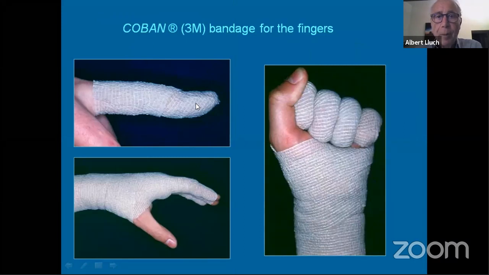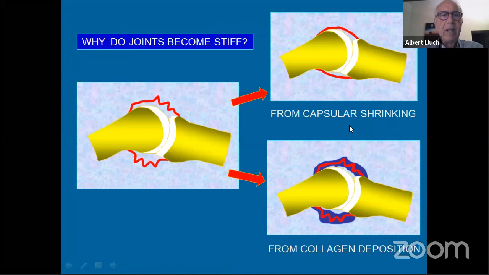You can use a Coban bandage for the fingers because they are circular structures, and you can even use it on the entire hand. But it's quite practical to use it on the fingers because it allows mobility of the fingers.